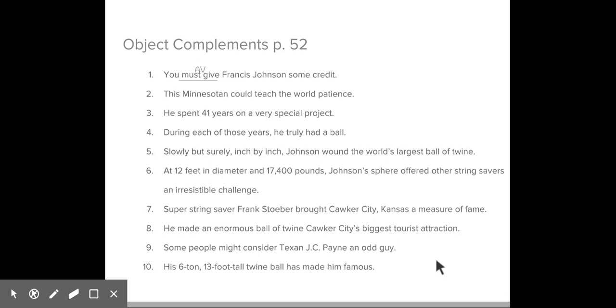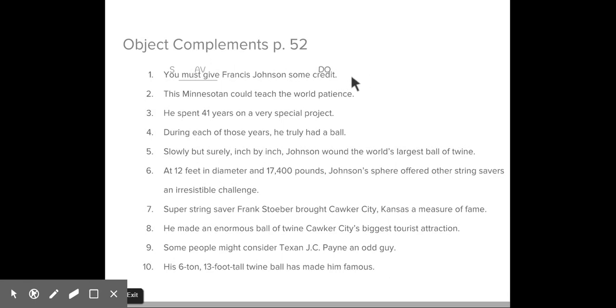Then you say, who must give? The answer is you. You is your subject. Here's where all the other questions come into play. You must give what? The answer to what is your direct object. Credit. Credit is your DO. If you look behind credit, there's nothing there.